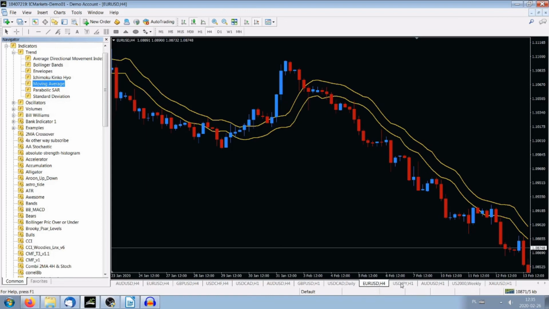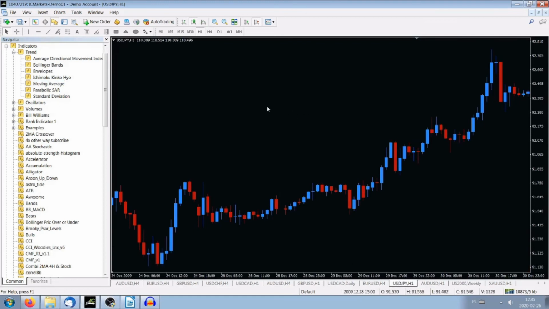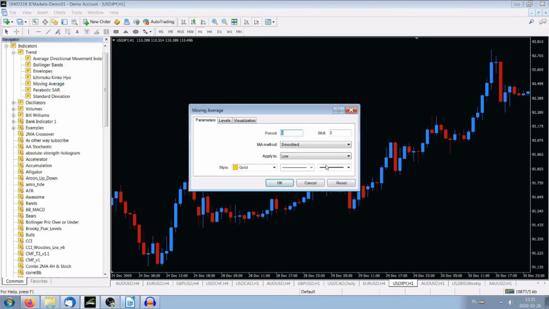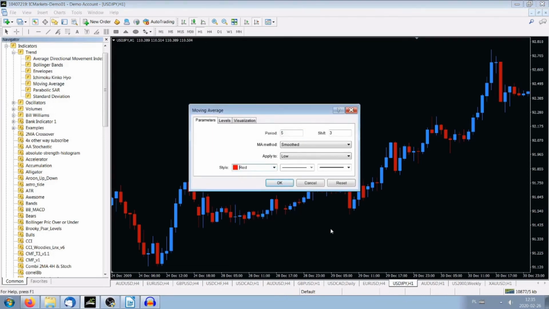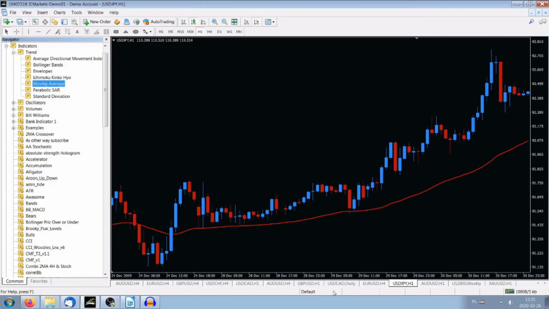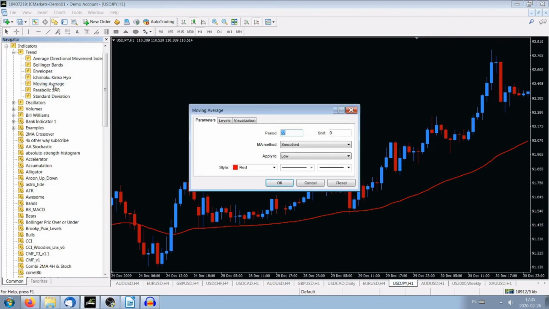The same story goes for longer period moving averages, but here you should apply the simple one. Let's change the color here, make it a lovely red color, sales color. We put shift 0, period 200, because most traders use 200, applied to low, and another one we apply to high.